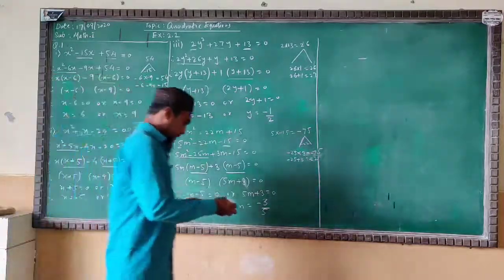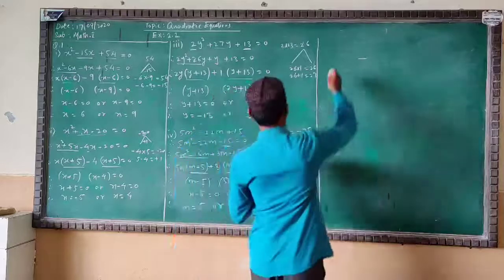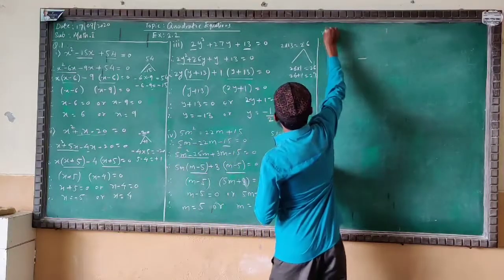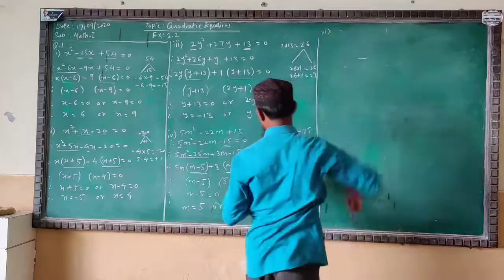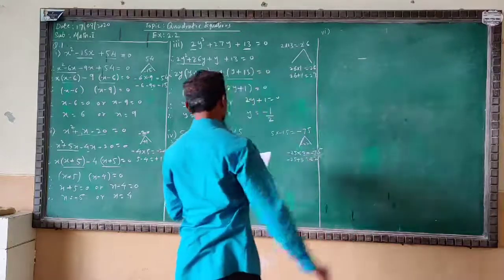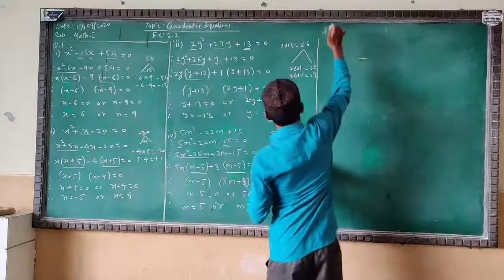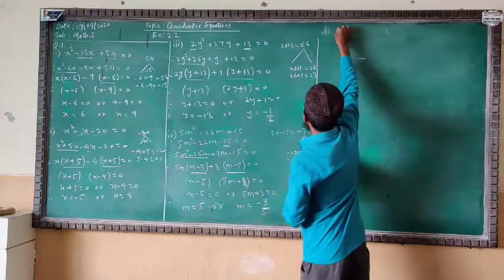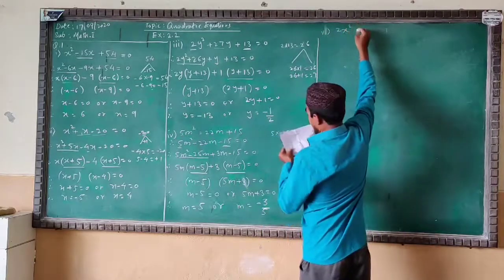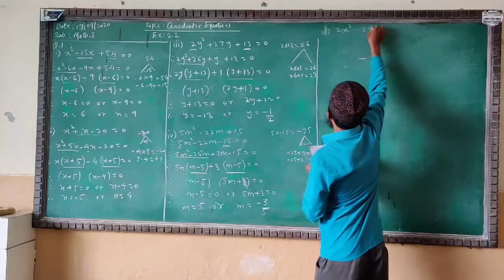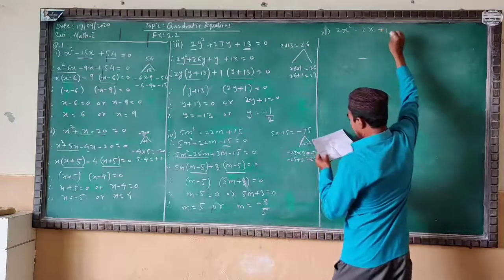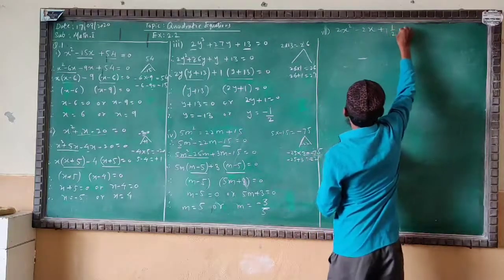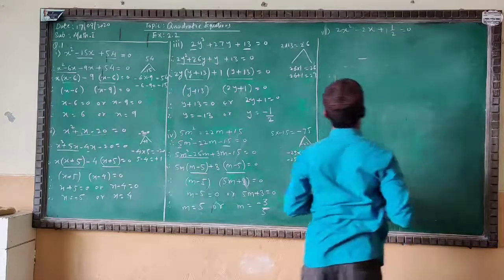What we have in the 6th one? Sorry, the 5th one. Question number 5. What we have: 2x square minus 2x plus 1 by 2 equal to 0.